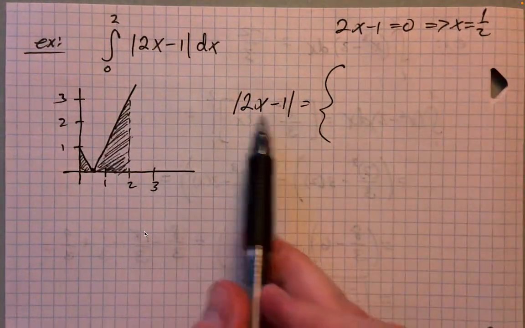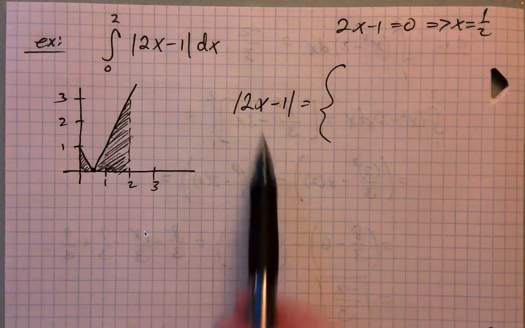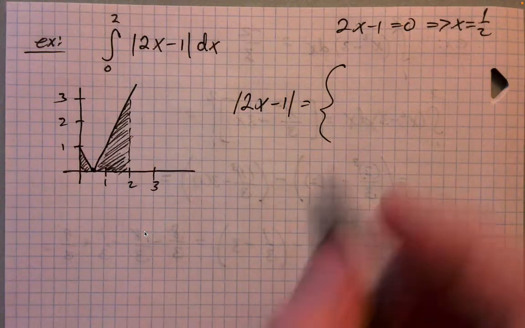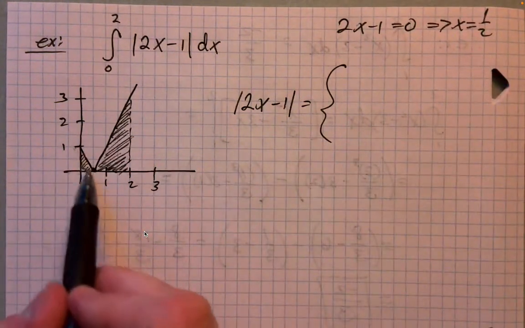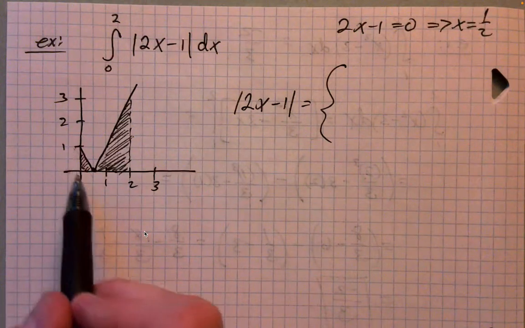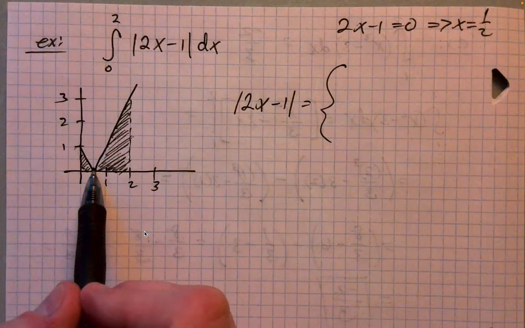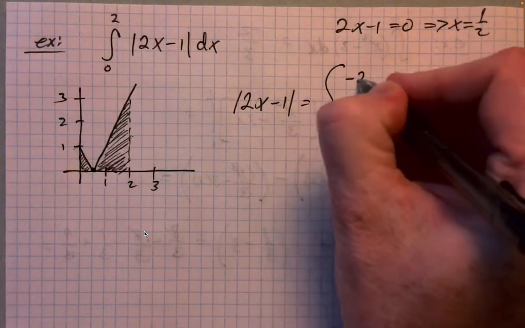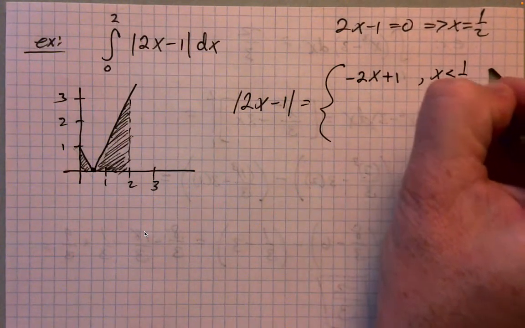That's the boundary where the absolute value takes a different character. If x is less than 1/2, this line over here is just a linear function. The slope would be -2, the intercept is 1. So you could write this as -2x plus 1, and that's when x is less than 1/2.